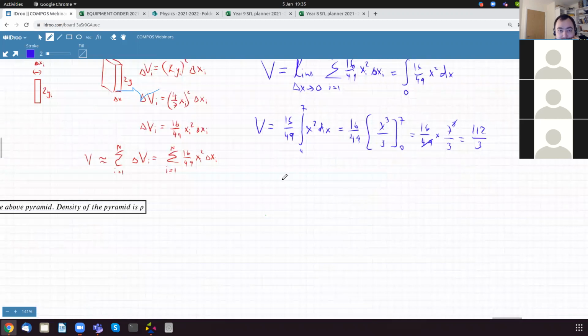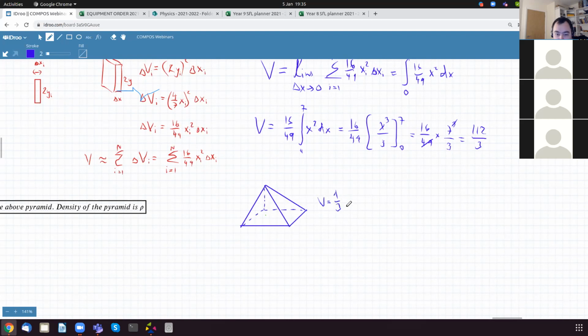Here you can say, right, but we know the formula for the pyramid. The formula for the pyramid is 1/3 area of the base times the height.